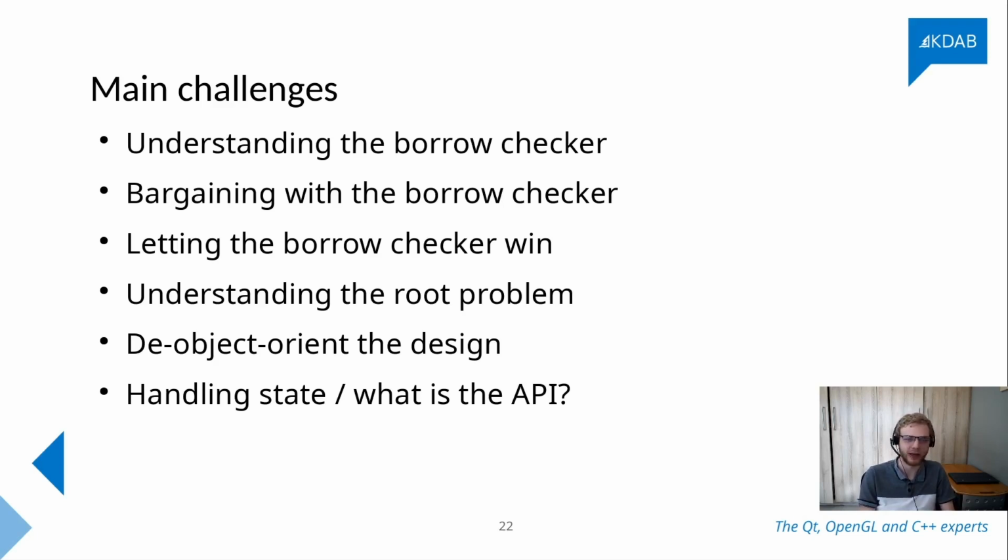But it wouldn't budge. So then the third thing I had to do was to just let the borrow checker win, take a step back, and break up my code into separate sections. Realize that there's a reason why it's complaining. My architecture is probably just wrong, and I needed to rework things.